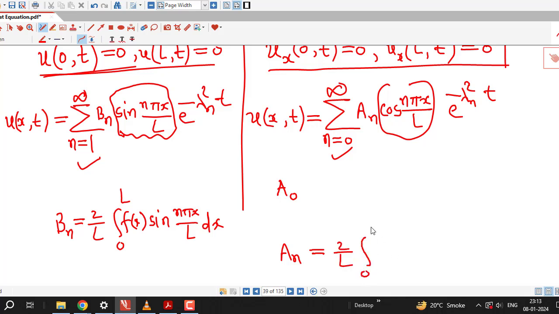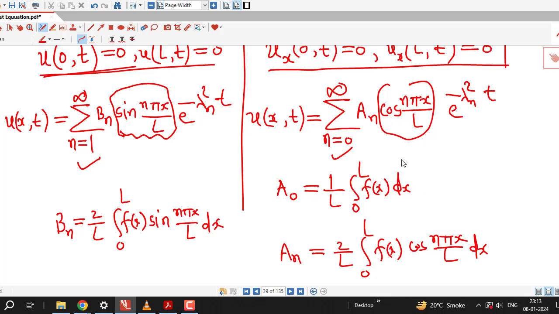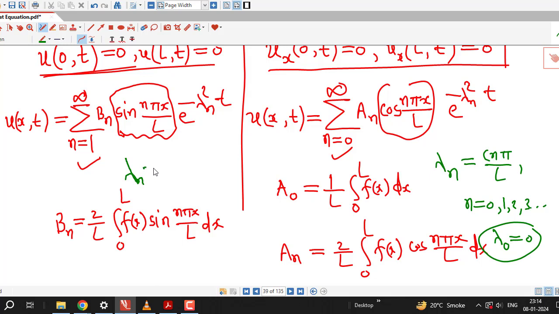Here instead of sine terms we have to write cosine terms, f(x) cos(n pi x over L) integrated with respect to x, and a0 is the integral of function f(x) from 0 to L multiplied with 1 by L. And in both the cases lambda_n, that is eigenvalues, are given by c n pi over L. But in this case n starts from 0, 1, 2 and so on, and lambda_0 is 0. Here the formula is the same, but n starts from 1, so 1, 2, 3 and so on.